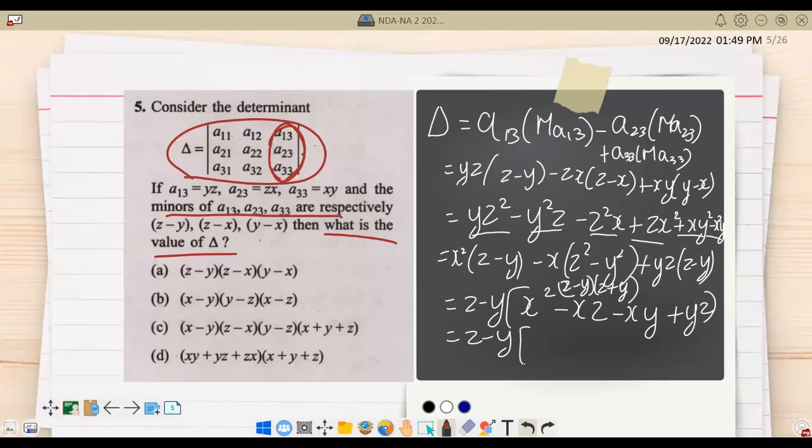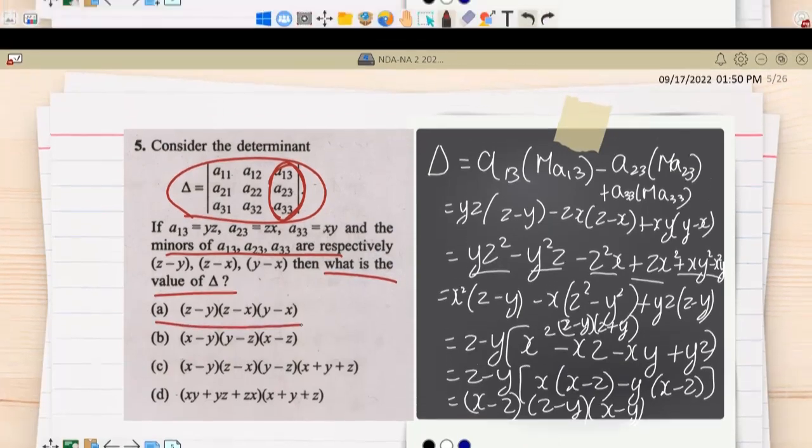Now if I take x commonly from this one, x minus z, and here if I take y commonly out, x minus z. Now I'll get the answer as x minus z, z minus y, and then x minus y.